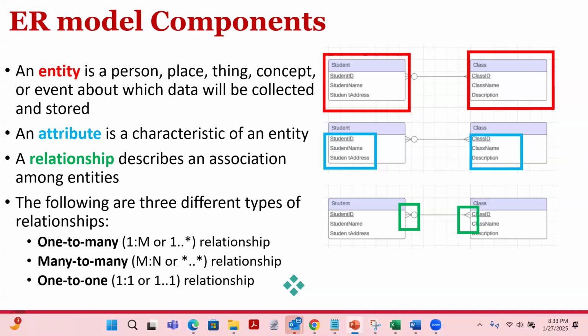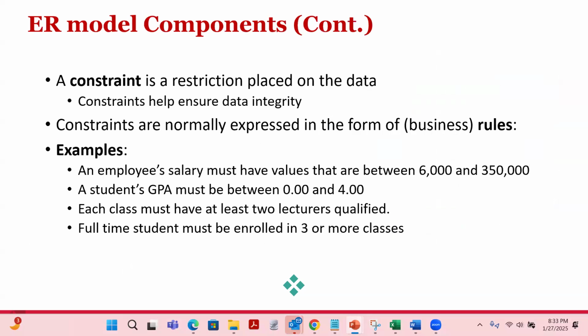There are three different types of relationships: one to many, many to many, and one to one. In this case, we have a many to many relationship because we have crow's foot on both sides. So it's many to many. All right, so those are the entity relationship model components.